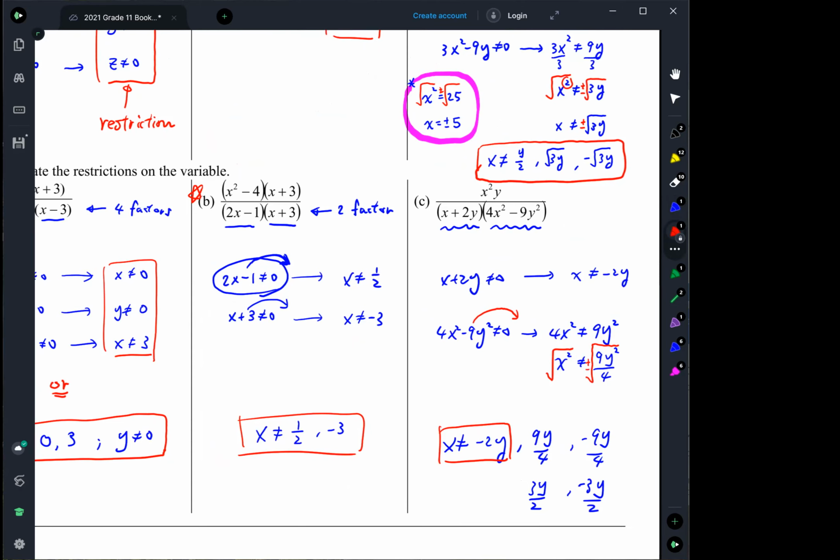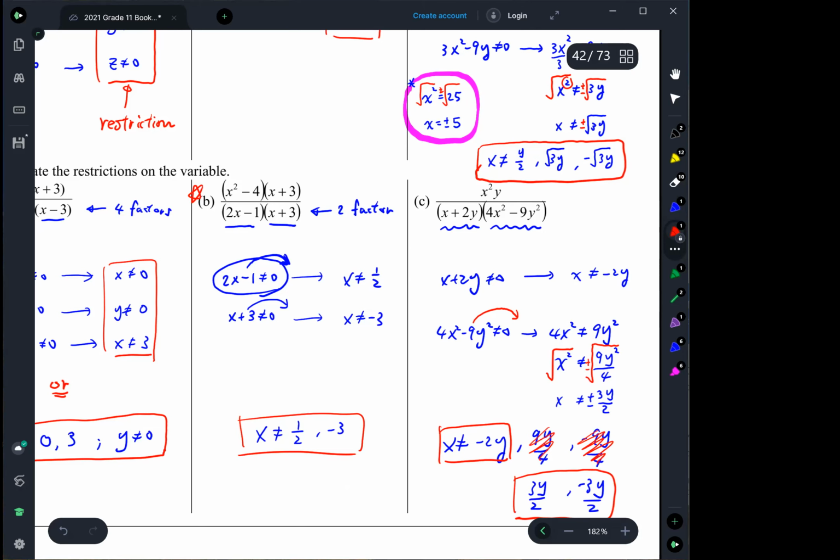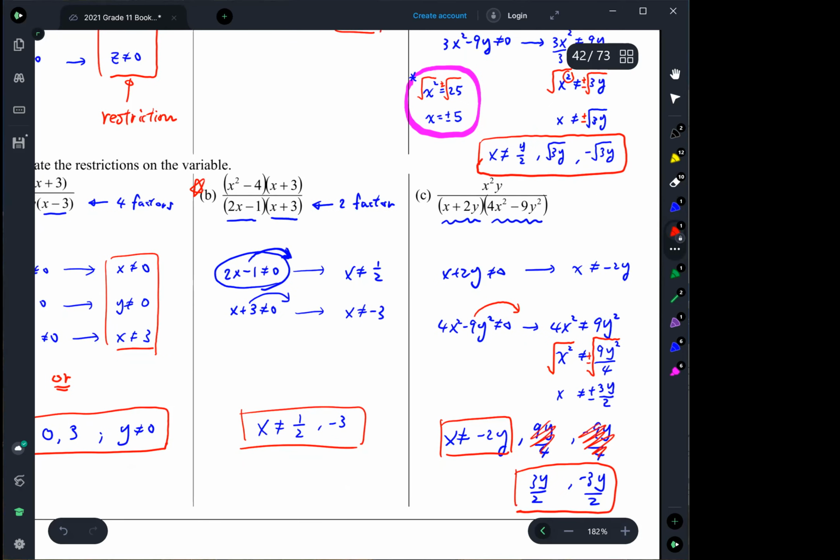So you need to square root the 9, square root the y squared, and square root the 4. So it should become x cannot be plus minus 3y over 2. 3 comes from the square root of 9, and 2 is from the square root of 4. So your restrictions should be these two. So it doesn't just cancel out the square, you have to square root each of the numbers inside as well.